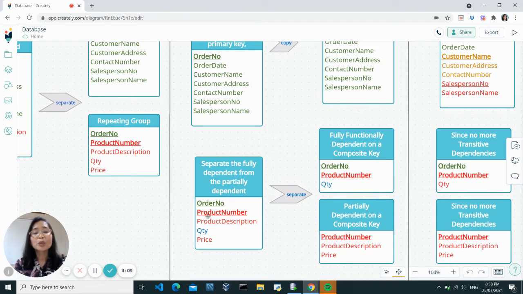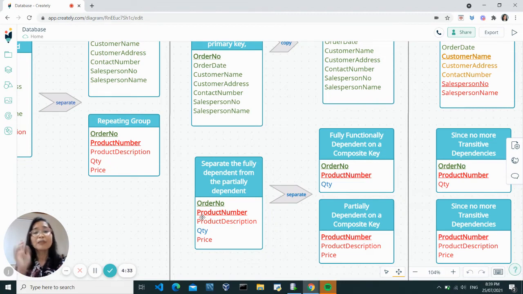So we actually have two keys, order number and product number. So we need to ask the question: do I need to know both order number and product number for me to know product description? No, only product number. How about quantity? For me to know quantity, do I need to know both order number and product number?